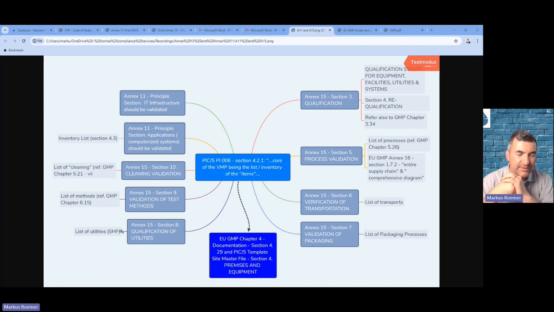Then we have Annex 15, Section 9, validation of test methods. So if you have your own test methods or you also transfer test methods from your client into your organization, Annex 15 is defining validation of test methods. For sure, in QC, you should have a list of methods. You will find this requirement also in GMP Chapter 6.15.